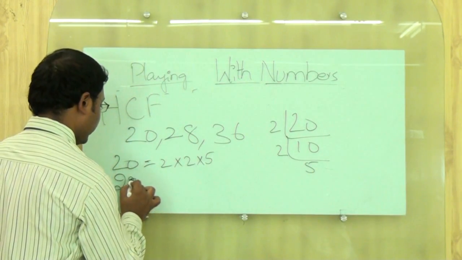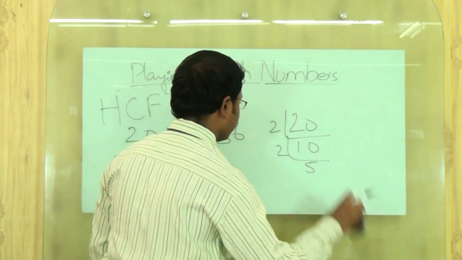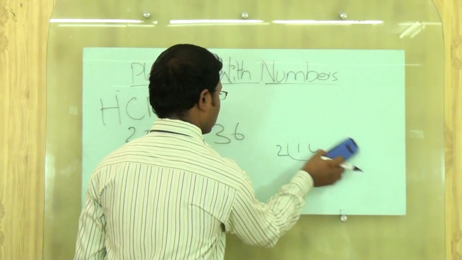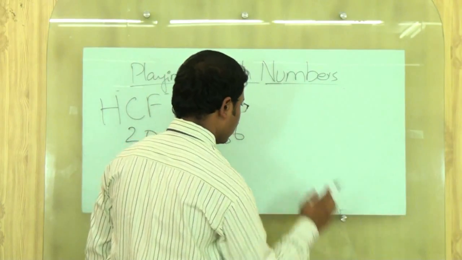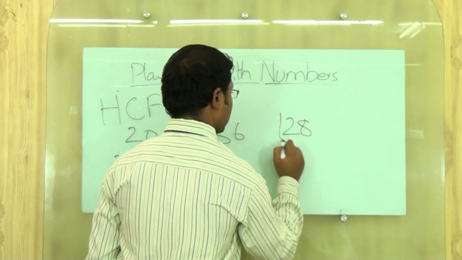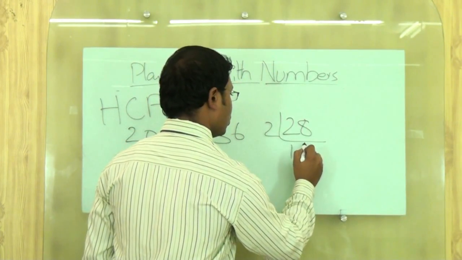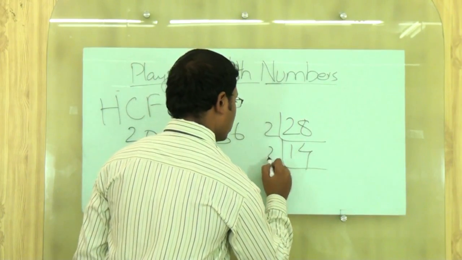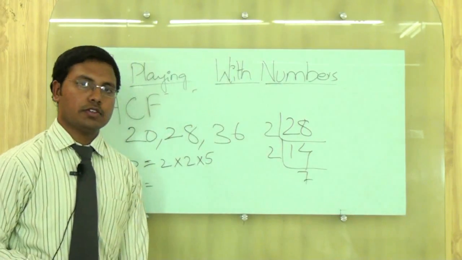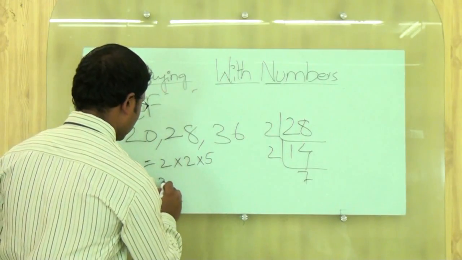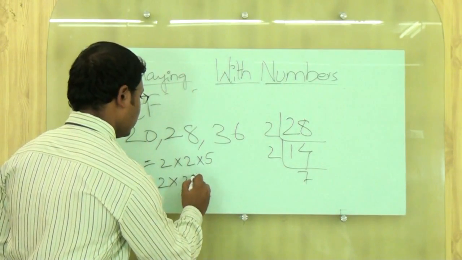Next, factors of 28. 2 14s are 28, 2 7s are 14. Factors of 28 are 2 into 2 into 7.